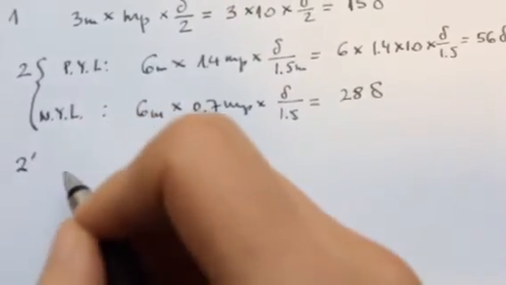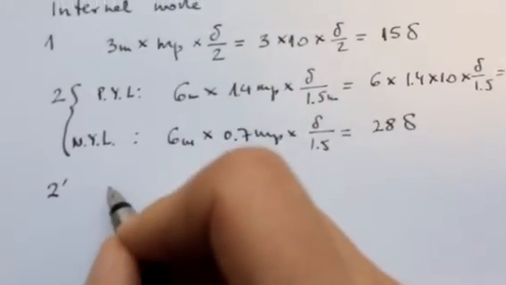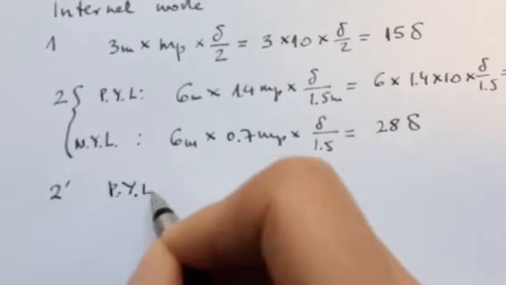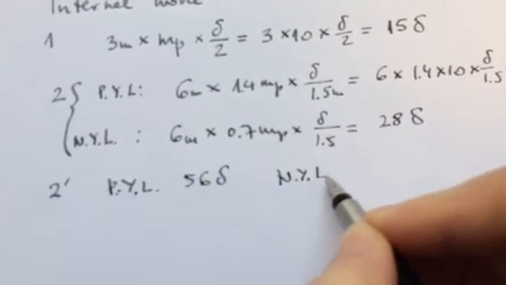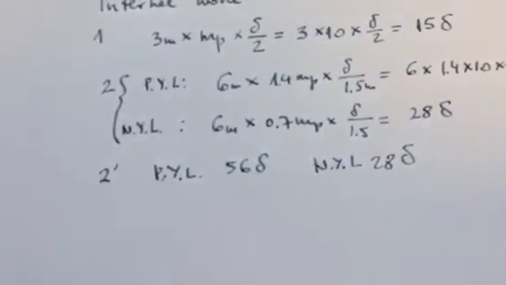For element 2 dash, which is the same as element 2, the positive yield line work is also 56 delta, and the negative yield line 28 delta.